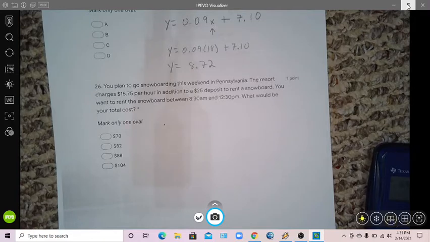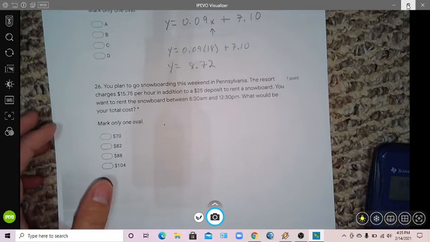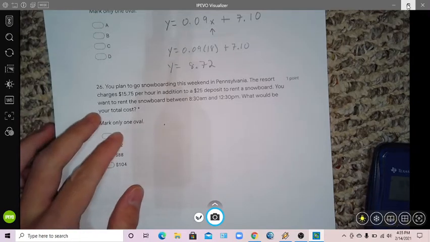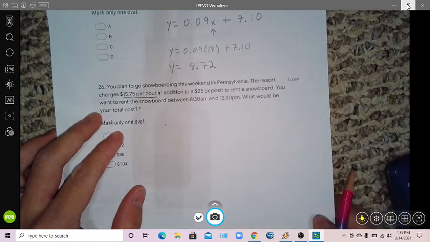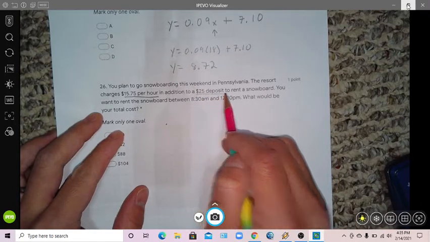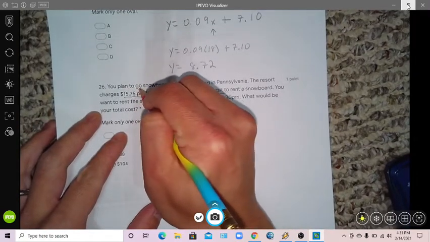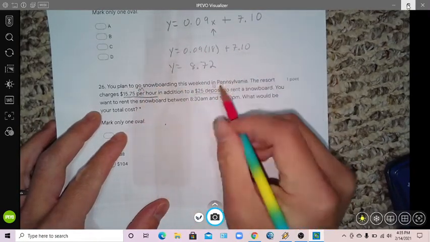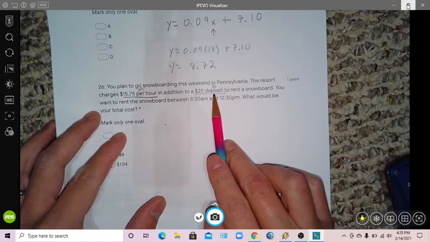Okay, so let's go ahead and find. Here's your slope right here. There's your M. And right away you have to pay a $25 deposit. So there's your B. Remember the B, the y-intercept, that's also the initial charge.